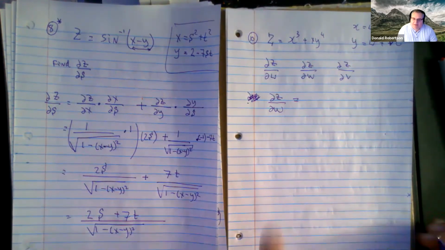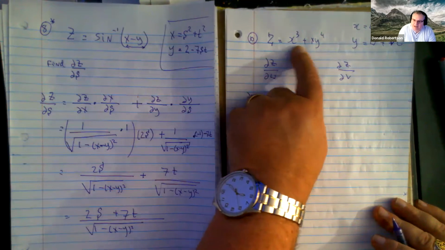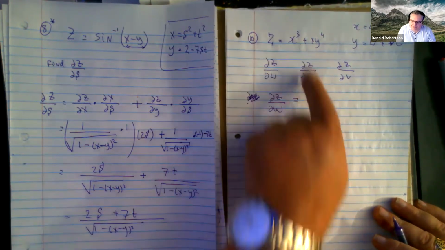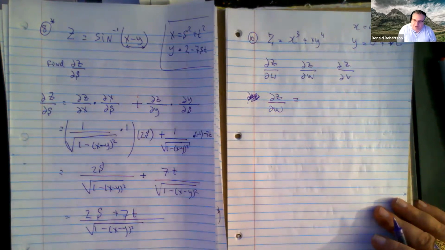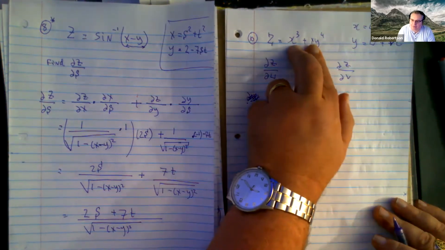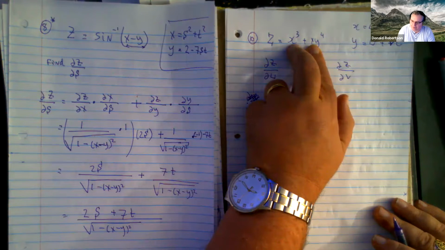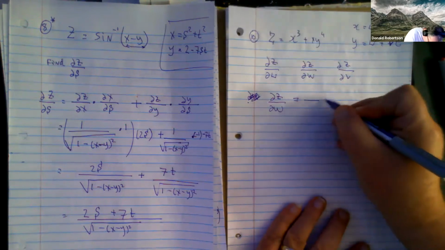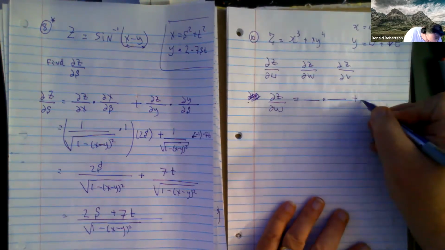Okay. The key here is that if your answer is going to have 2 bits or 3 bits or 4 bits, it comes from how many variables the original function has. Would you agree this function has only 2, x and y? So that means 2 pieces.